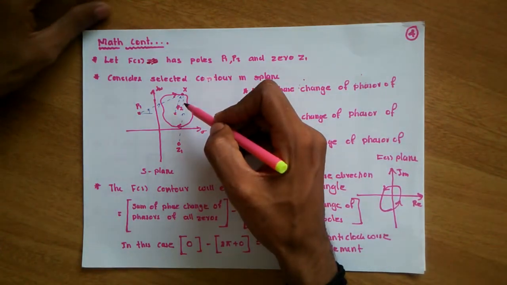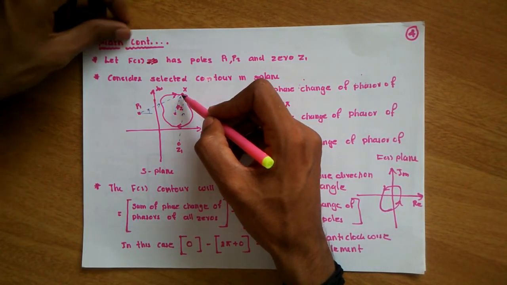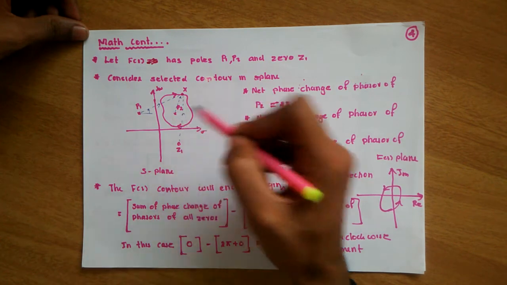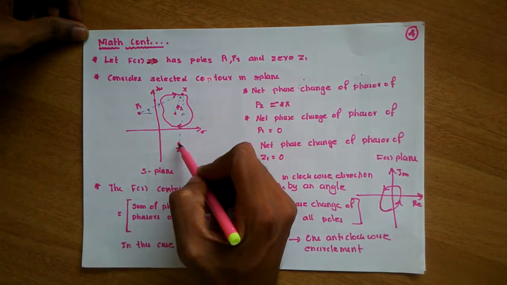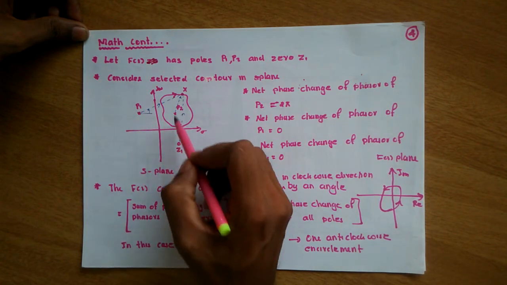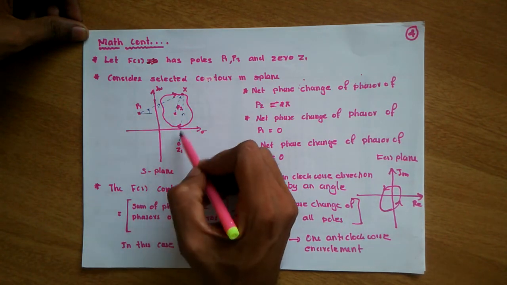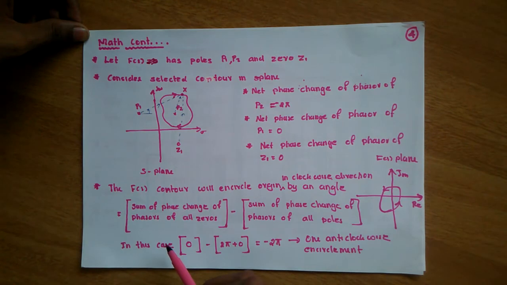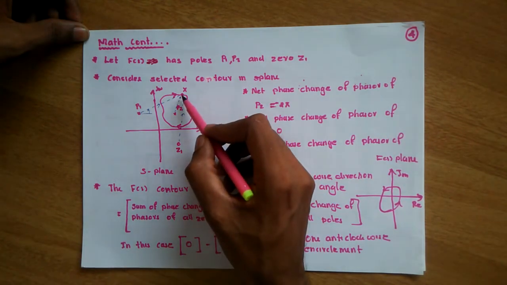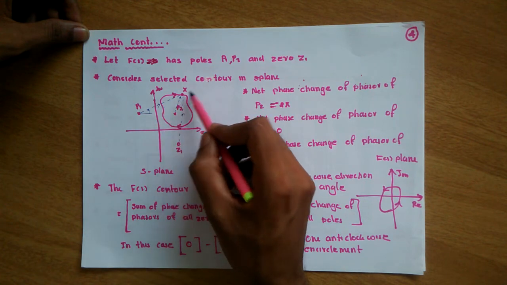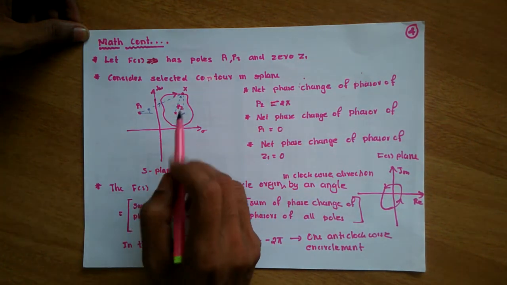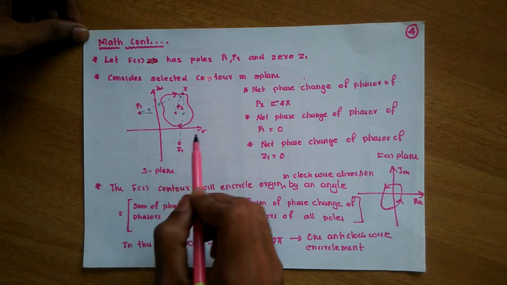Now I take an arbitrary point x in the closed path, and I draw vectors from all these singular points, that is p1, p2 and z1, to this point x, such that when this point x moves along this closed path, all these phasors will change their angle.